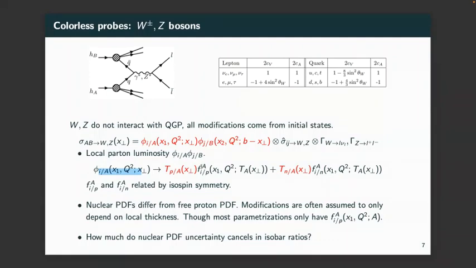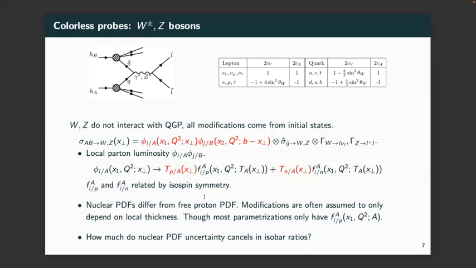You can have residual dependencies on the nuclear mass number, or to be more specific, the local thickness inside these parton distributions, and people call it the nuclear PDF, which they can extract from other experiments. In general, this nuclear PDF also contains, of course much weaker than the naive counting of numbers, but still quite sizable dependencies on the local thickness. And this local thickness will further depend on transverse location.